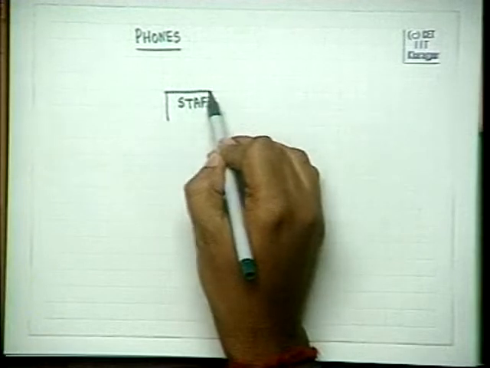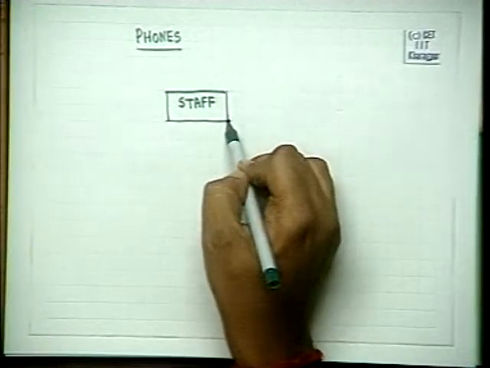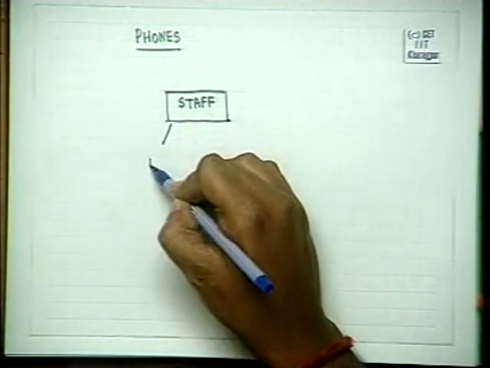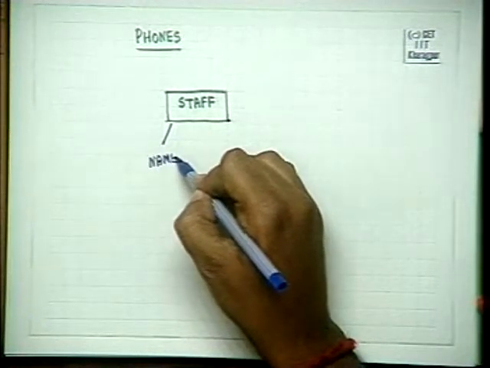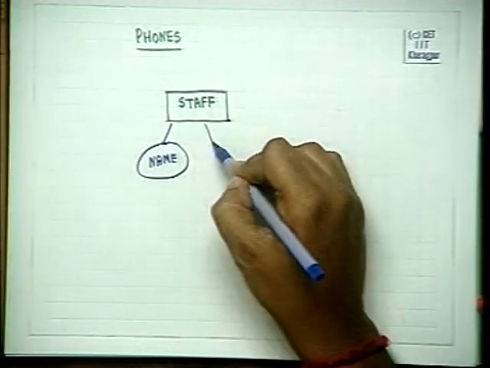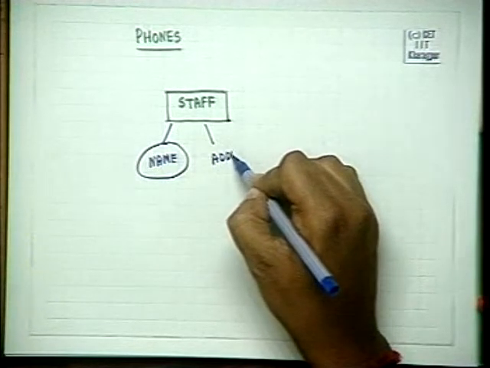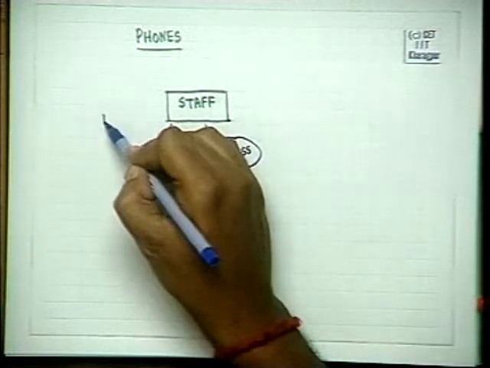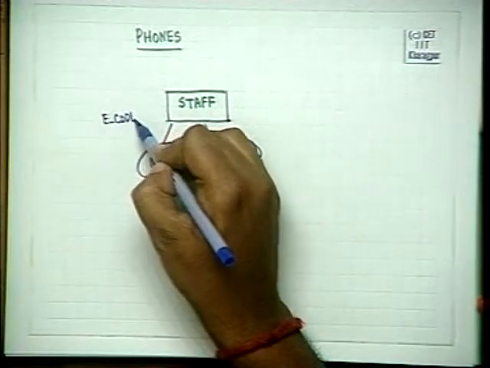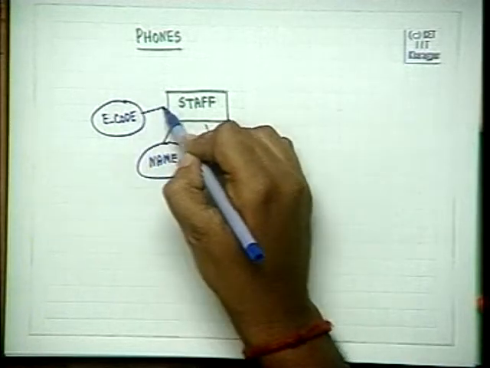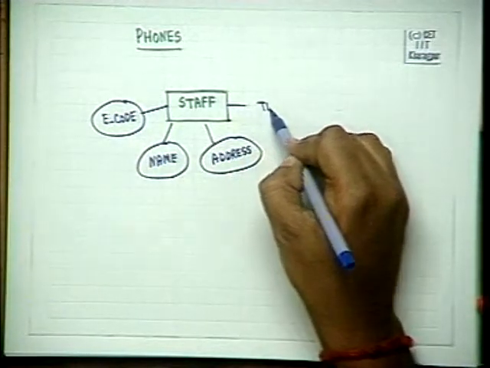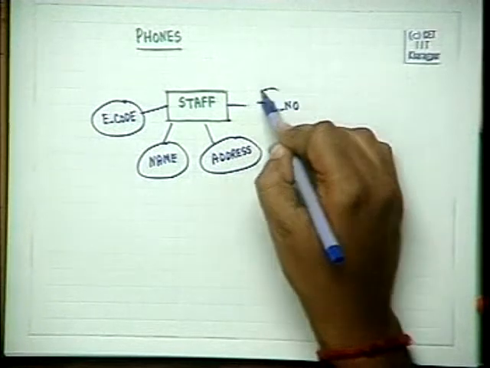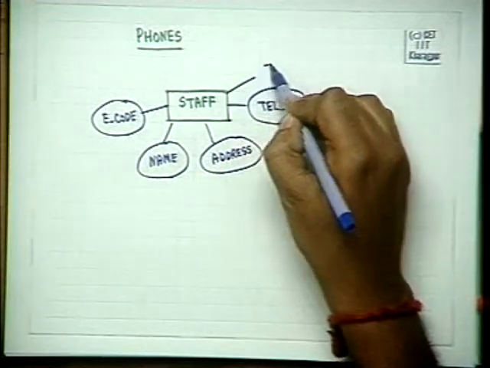Will we have it as one entity set which identifies the name, address, employee code, telephone number, and telephone location?